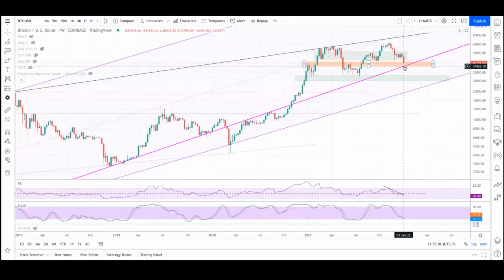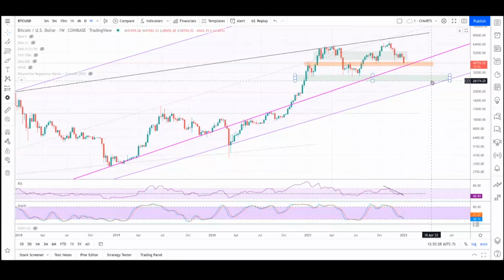I'm not too worried about an undercut of the line. What matters to me is it eventually staying above or confirming that it's going lower. If it does go lower, I think we see close to that 30 area here where we've tagged before.